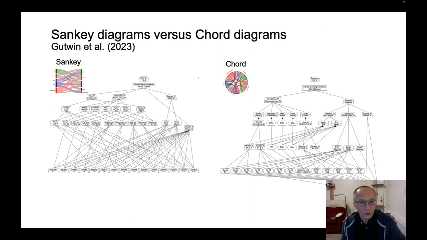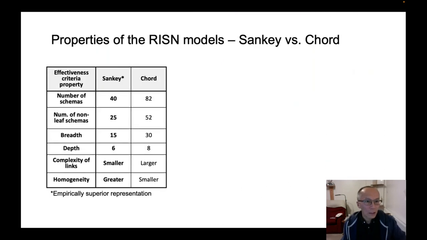These are the two models that we've built of the memory structures that would be associated with these two representations. On first sight, they're comparable, but the chord model actually includes many placeholders for information that's actually repeated across many structures.